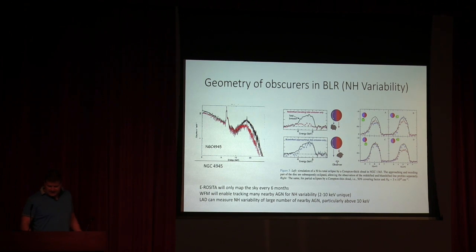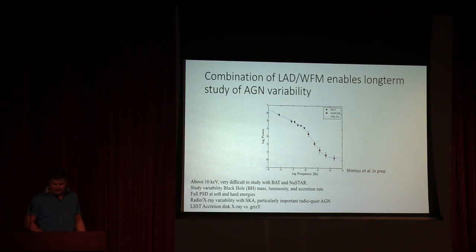I think that gives us real capabilities to understand what the material is, how common it is that this material is moving in front of our line of sight, and in general, what the column density of these absorbers is and their size.